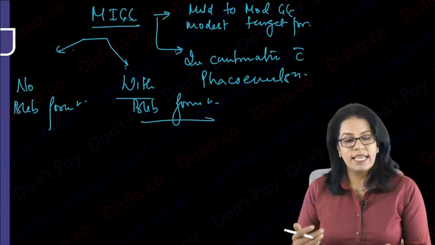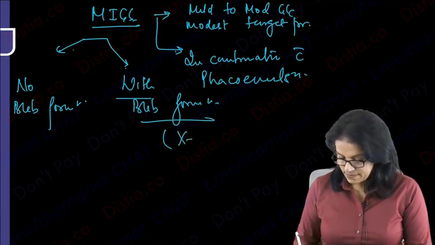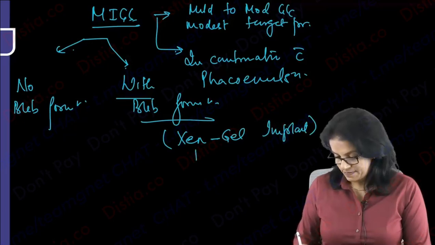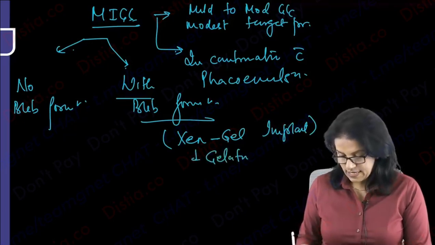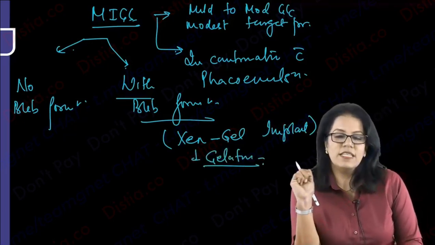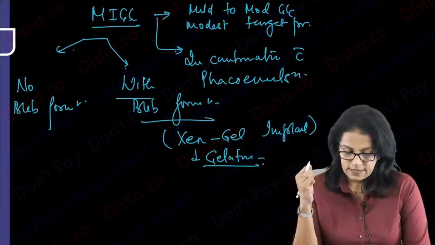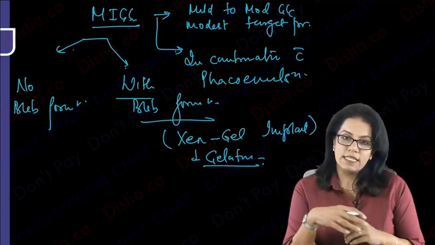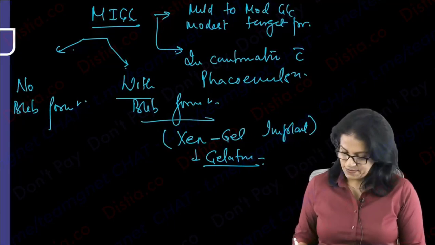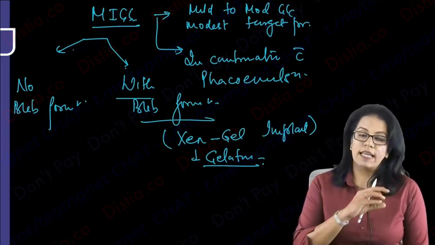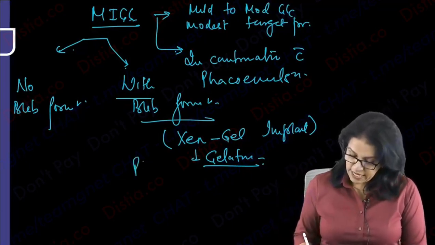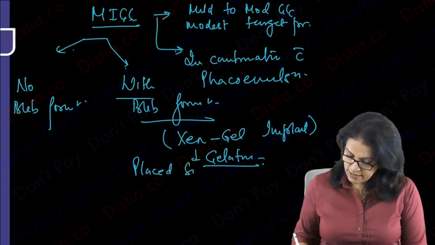Here we will use the Xen gel implant. The Xen implant is mainly made up of gelatin. Where do you place this? This is placed subconjunctivally, so it is encouraging subconjunctival drainage and bleb formation.